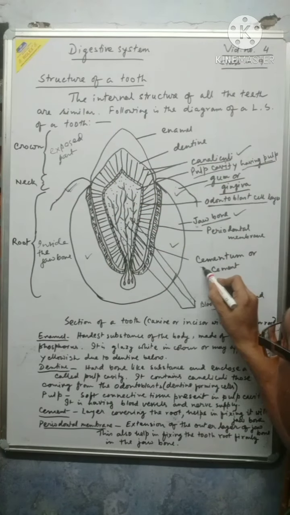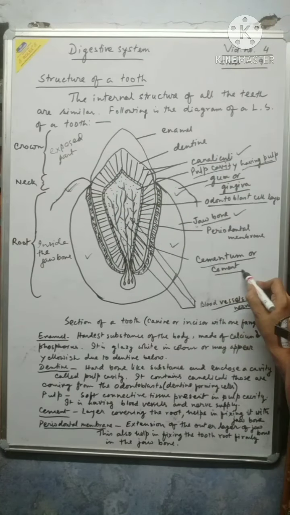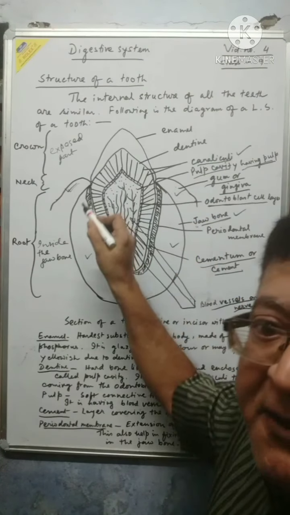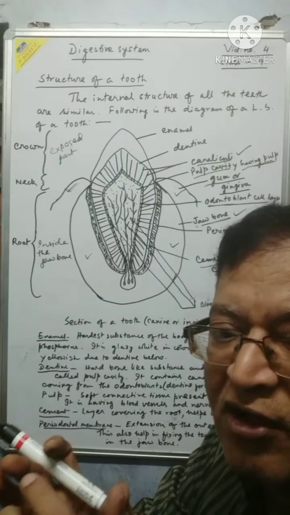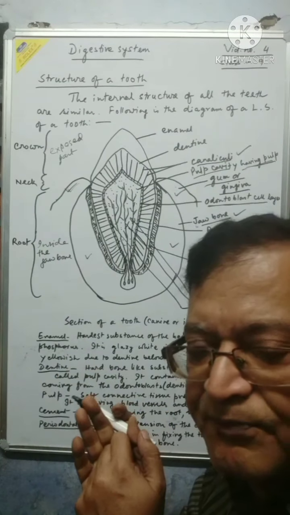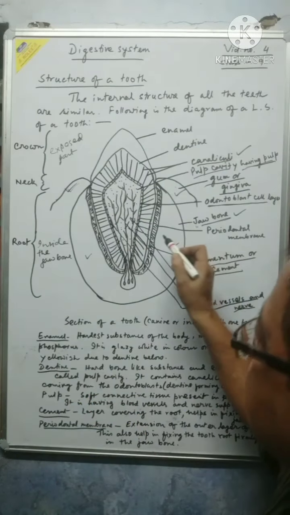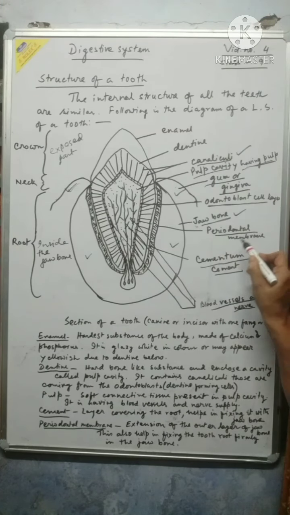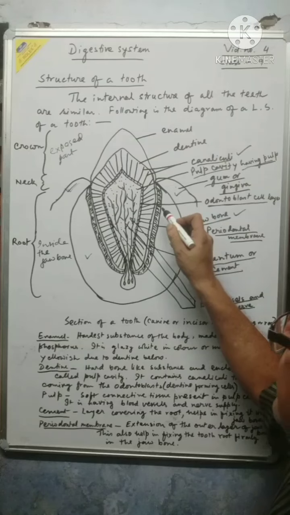This is called cementum or cement, a substance which is firmly gripping the root of the teeth with the jawbone. There is another substance which does the same function, the periodontal membrane. This is the thing that is shaded there.